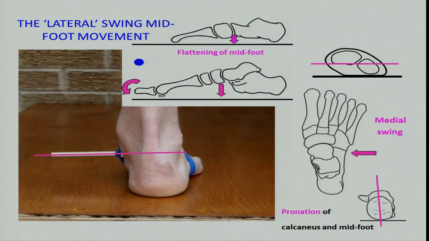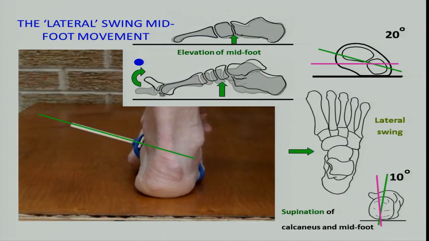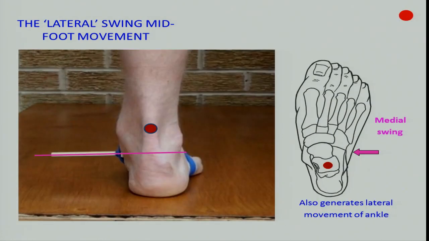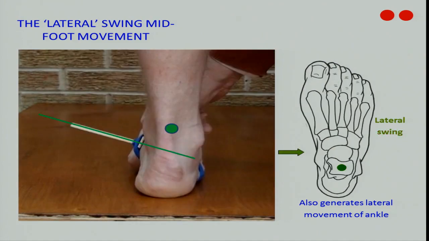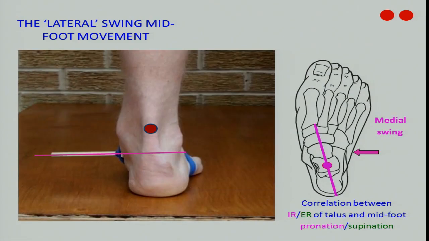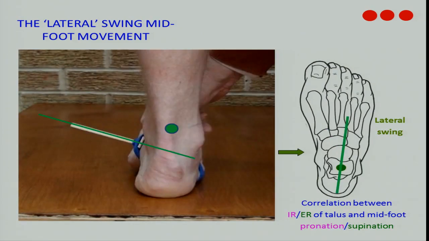And at the same time, there is midfoot elevation, greater on the inside because of the supination twist of the navicular and the cuboid. And also, the talus moves physically, laterally and medially, and the talus internally and externally rotates.